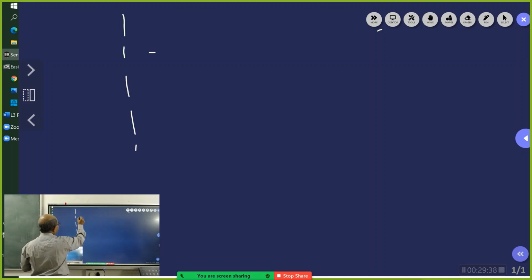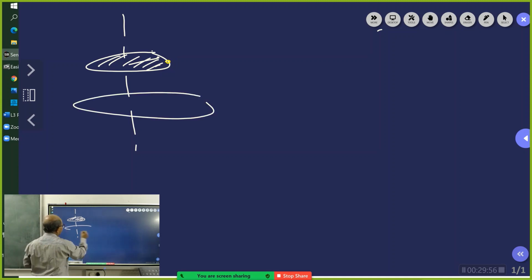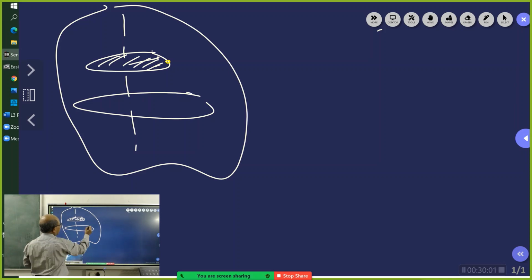Now you see, say there is one particle here. It is moving in a circle about this axis. I will take this as a solid disk, and I am choosing this particle. I will take another solid disk. This whole thing is a body.